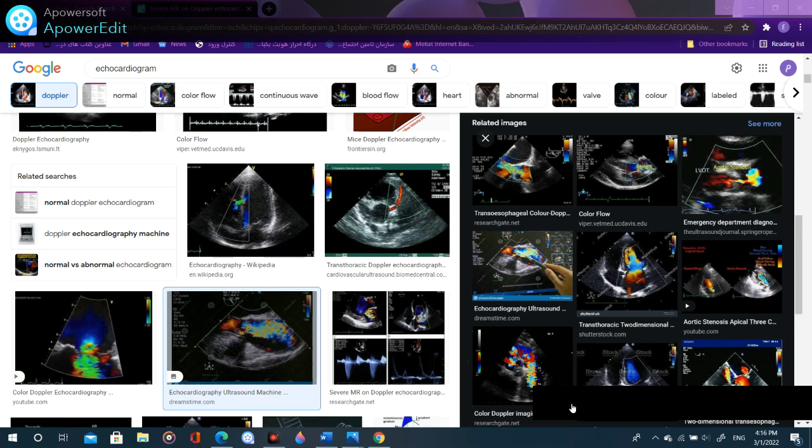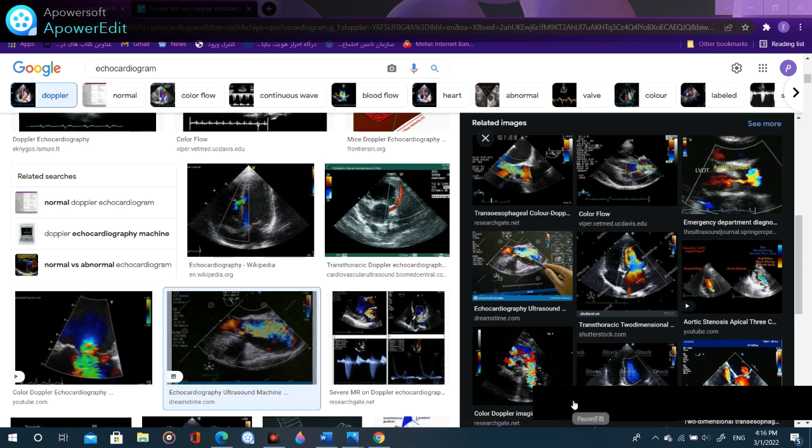In color, the blood that goes toward the probe is red, and the blood that goes away is blue. Insufficiency and stenosis are seen in the form of a mosaic pattern, red or yellow color.